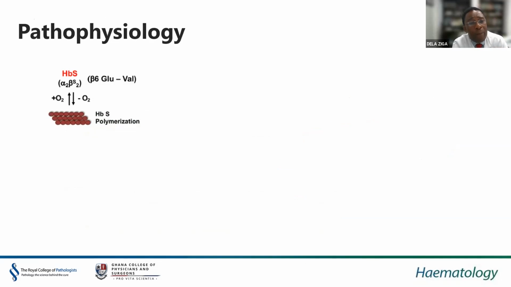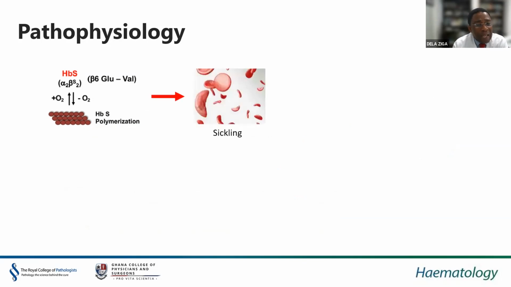Looking at the pathophysiology of sickle cell disease, I put together this little schema, the little round circles there, the membrane, and under stress, the hemoglobin S undergoes polymerization. This leads to sickling.